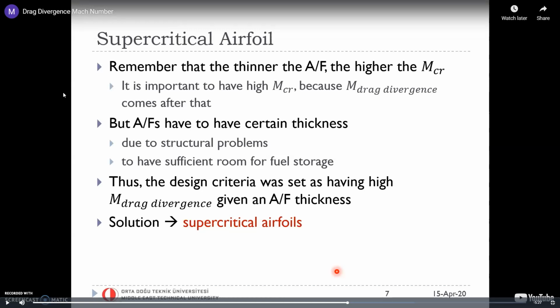But later, after understanding the physics better, meaning the critical Mach number and the sudden drag rise that is happening and why it is happening, after putting in a lot of effort in wind tunnel tests and in the theory of aerodynamics, people understood why the drag rise was happening.